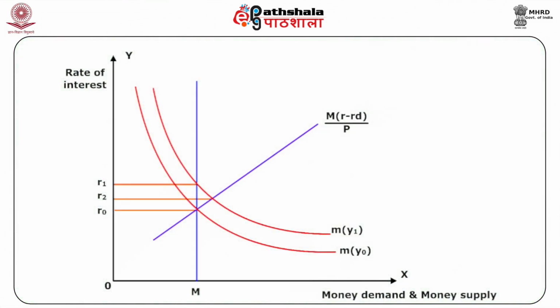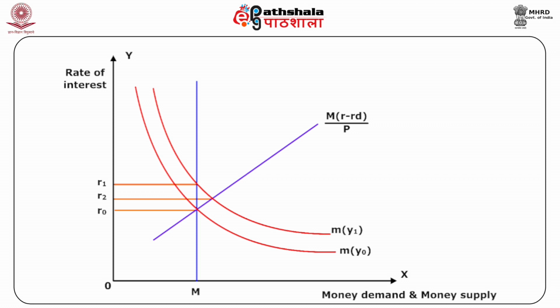The rate of interest would increase from R0 to R1, and if it were an exogenous money supply function, nothing would happen to the money supply. But with an endogenous money supply function, the rate of interest would increase and the money supply would also increase.